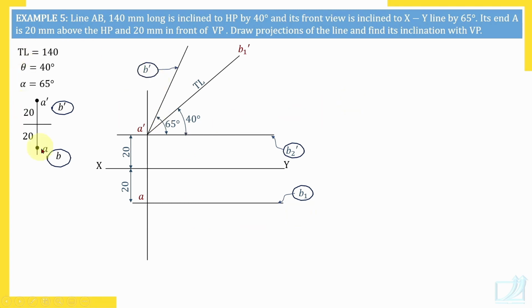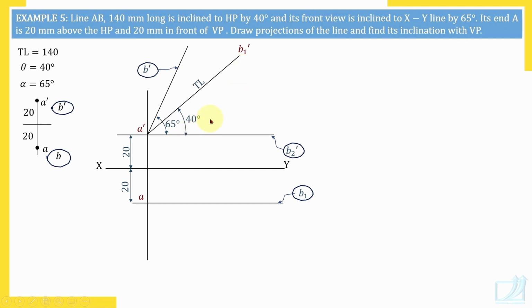Now all 5 measurements are in our drawing. Have you realized that? So this is step 1 in solving problems on lines inclined to both the reference planes. And what is that step 1? Using this 6 view logic, bring all measurements on paper. Out of those 6 views, draw the views which you can draw directly by measurements. So this is how we have brought all 5 measurements on paper, and out of 6 views, view A dash B1 dash we could draw.